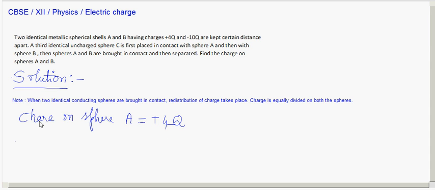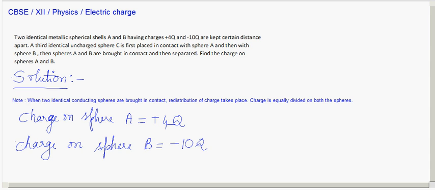Similarly, charge on sphere B is minus 10q. You can write charge on shell A, charge on shell B. They are kept certain distance apart.